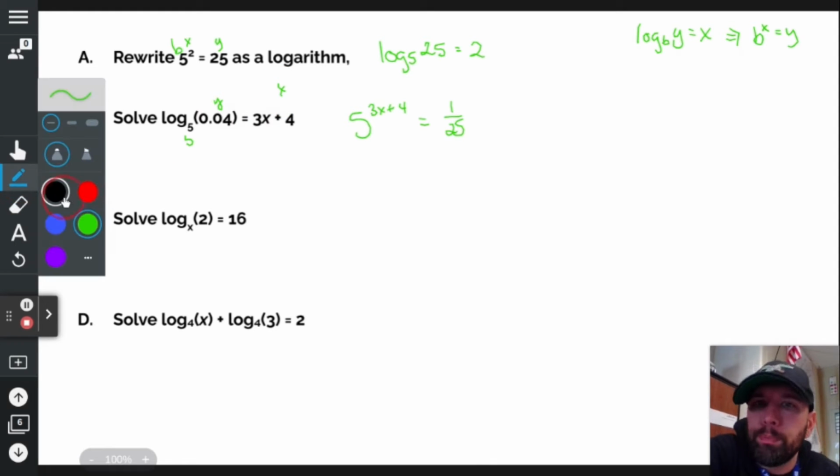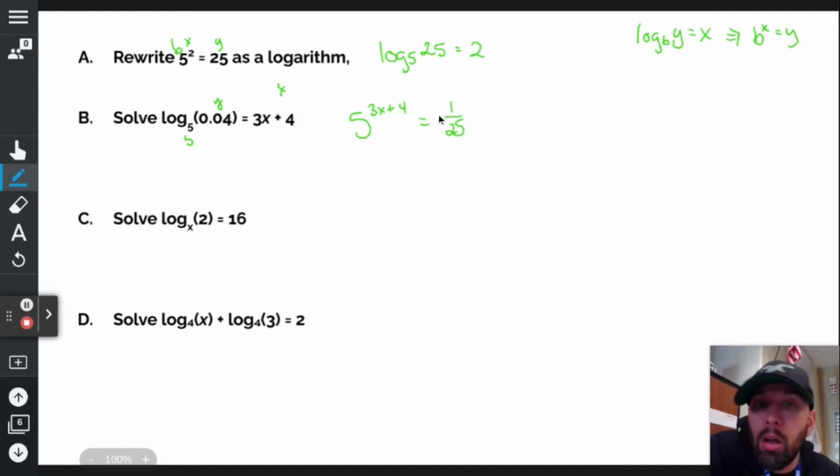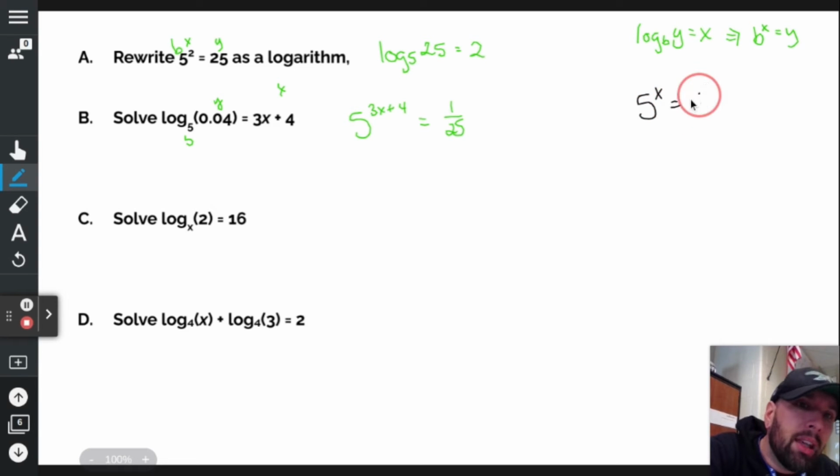Now that I have that, you might be saying, how in the world are you going to do this? I can rewrite 1 over 25 to have a base of 5. Remember, there's a rule that says if you have the same base, just set the exponents equal to each other.